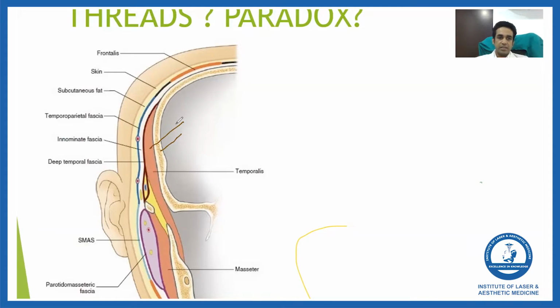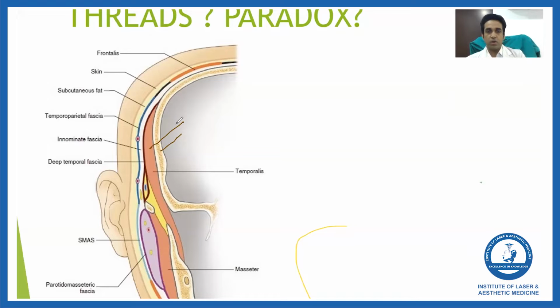Then there is another space between two fascias, which is called innominate fascia, over which there is a temporoparietal fascia. So what I'm trying to tell you is why this anatomy holds importance in this particular procedure: you will be playing around the fascias. So you will be basically venturing into these spaces.